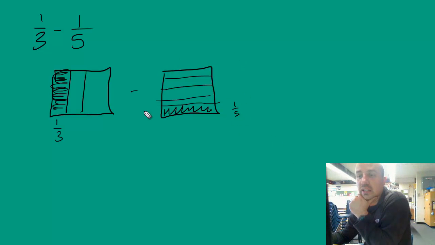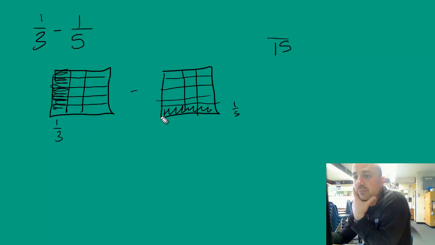And what I would have done then is turn this into thirds and cut this into fifths to make like units so that I can go about subtracting them. And I would realize that I'm doing 15ths because I have 3 rows of 5 here, or 5 rows of 3 here, and I'm dealing with 15ths.